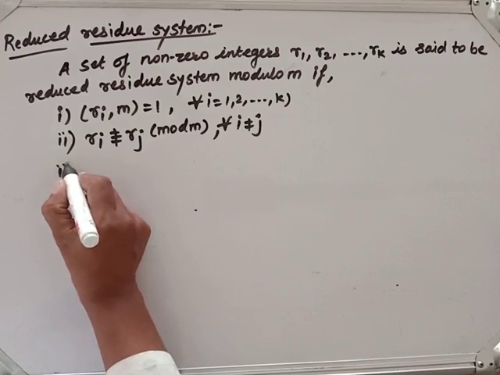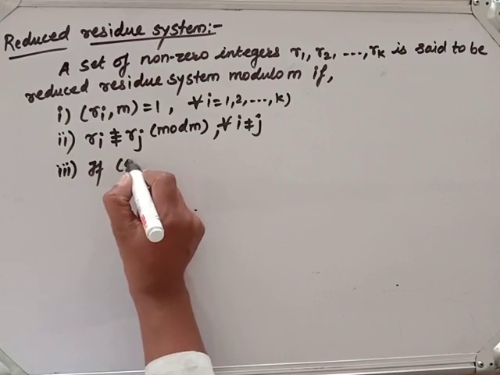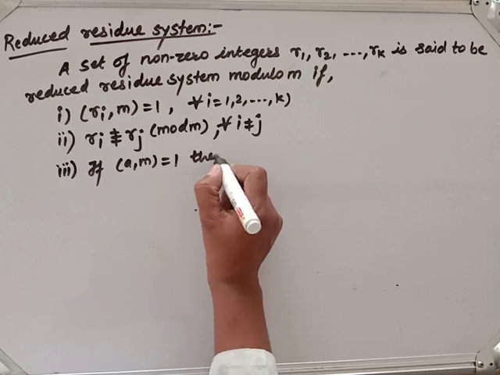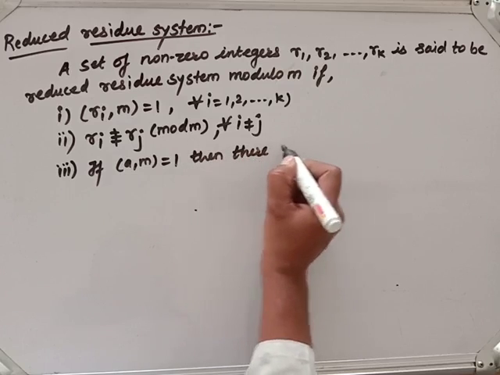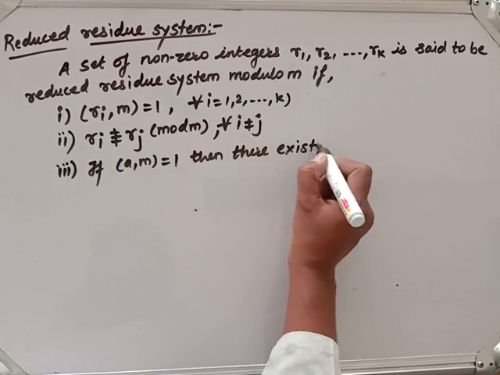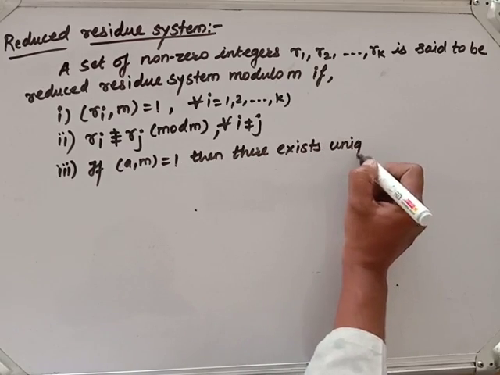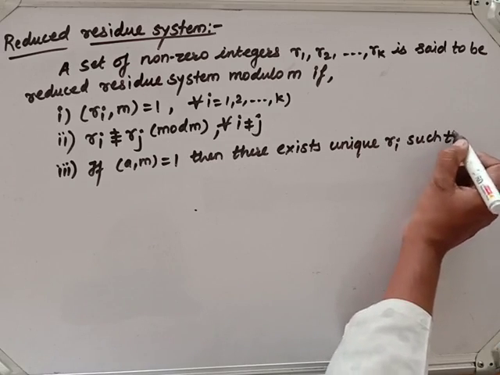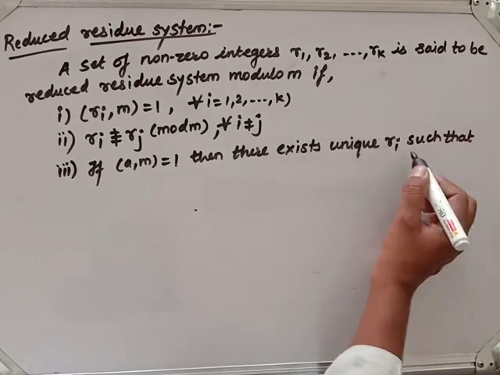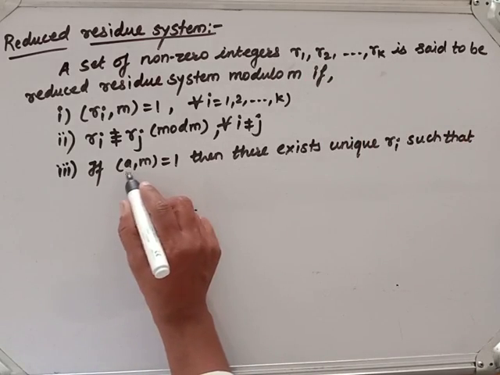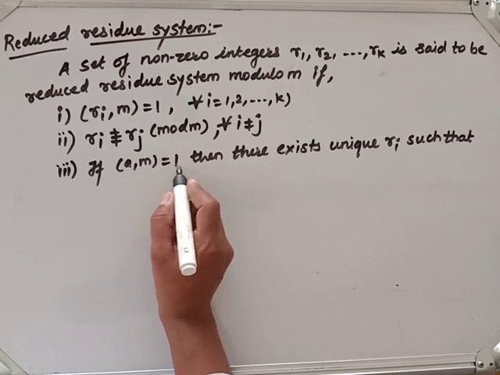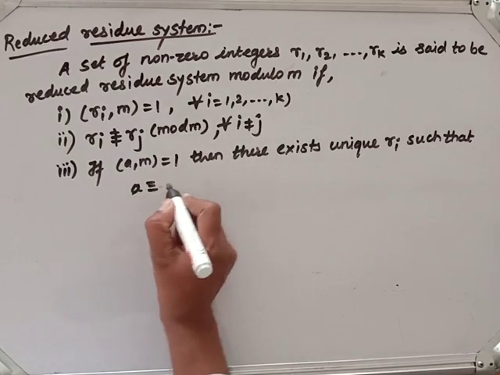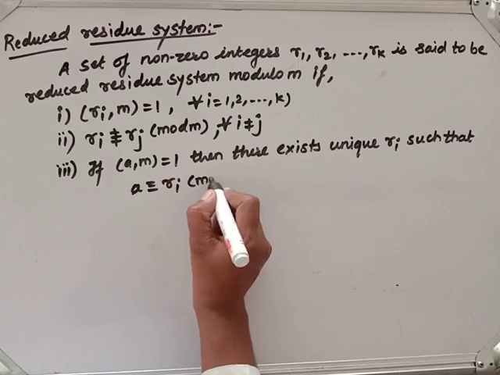Now the third condition is that if A and m have GCD 1, that is, they are relatively prime, then there exists a unique Ri among these such that A is congruent to Ri modulo m.